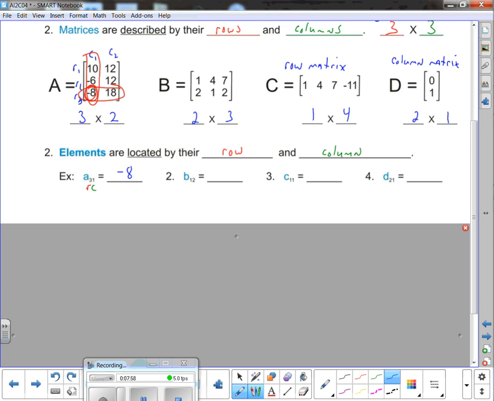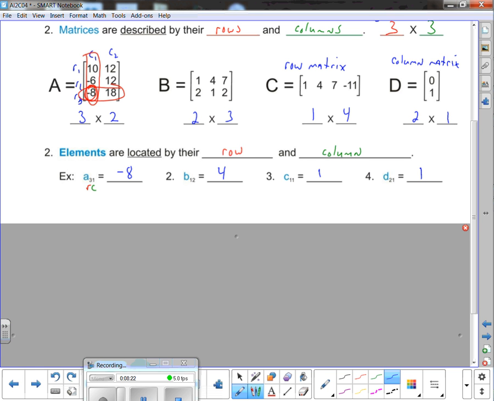So we're looking at the B matrix, and hopefully you think, all right, row 1, column 2, and that's the 4, right? Take a look at the third one, C sub 11. It's only 1 row. Row 1, column 1, that's a 1. And D sub 21, row 2, column 1. Row 2, column 1 is the 1.